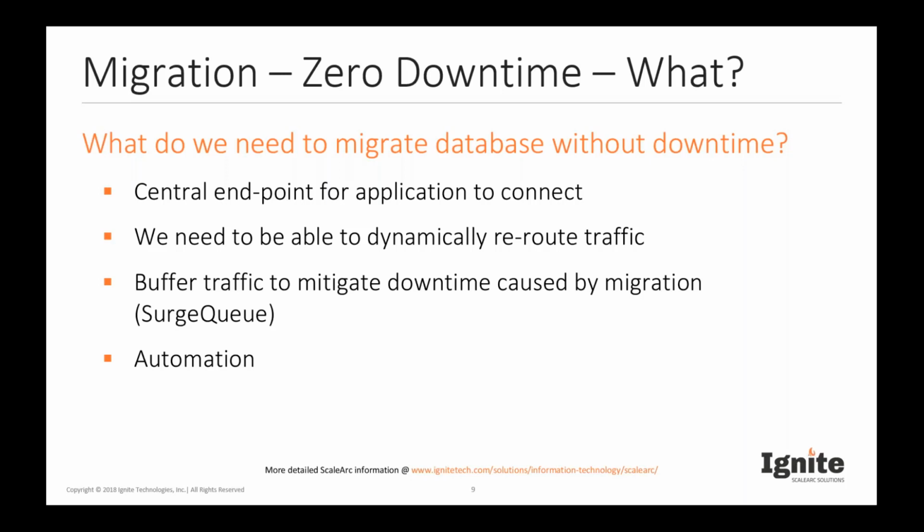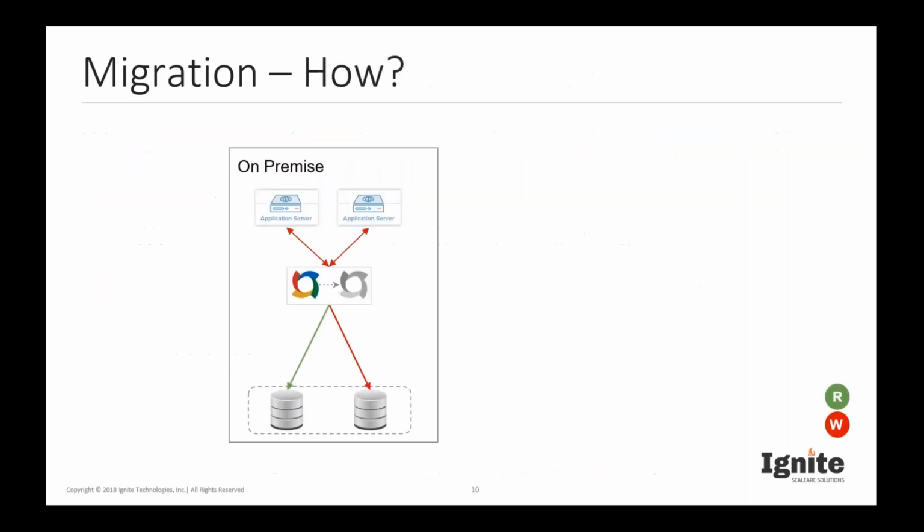So now, let me give you a small visualization of how, on a high level, the migration would go, what would be the steps of the migration. So let's imagine this is our current deployment, and of course, it is very application specific.